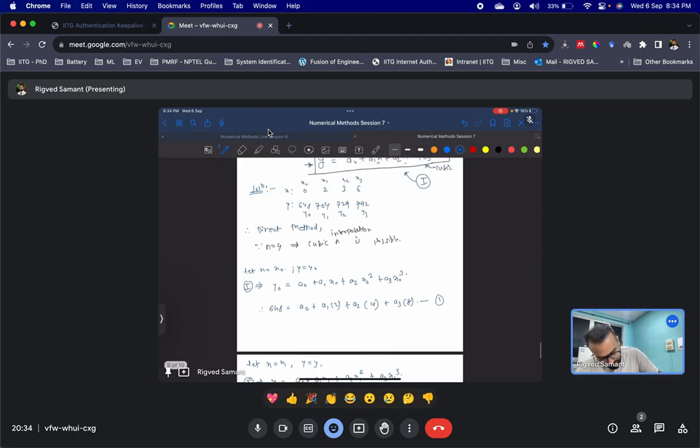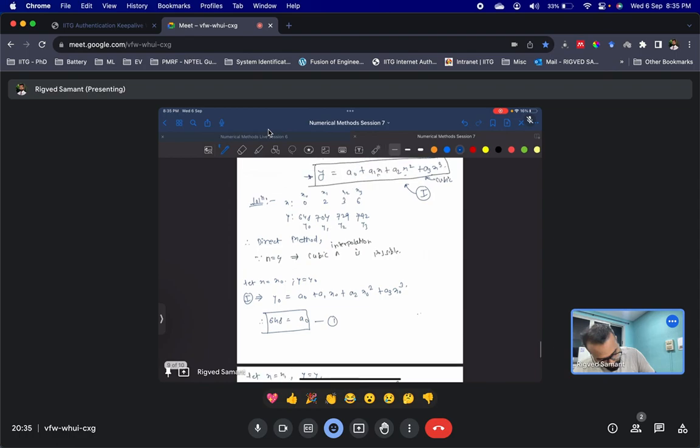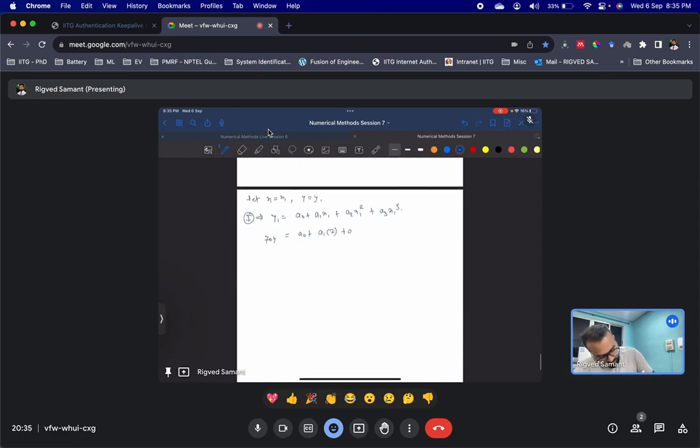X naught is 0, so this will be multiplied by 0 only, and this whole term will get cancelled out. So this 648 is your first equation. Now x1 is 2, so 2 plus a2 into 4 plus a3 into 8. So this is your second equation.